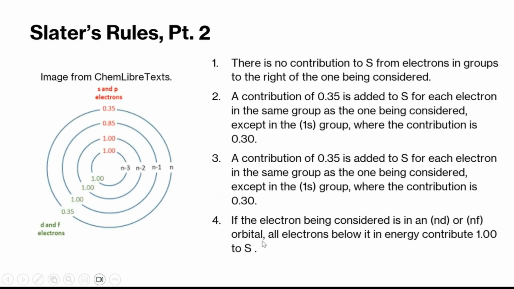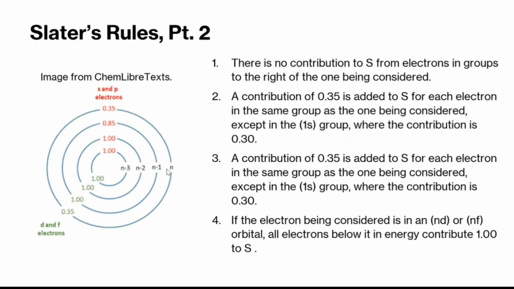So here are Slater's rules. I'm not going to make you memorize all of these, but simply, if we consider an electron in some shell, then there's no contribution to S from electrons in groups to the right of the one being considered, because the concept of screening is only for electrons in groups that are below the electron we're considering. So that's pretty logical.